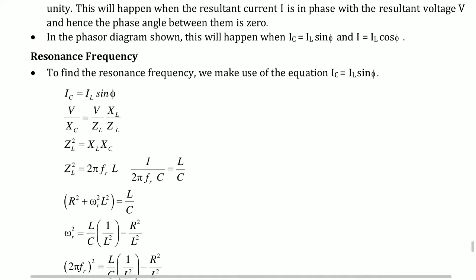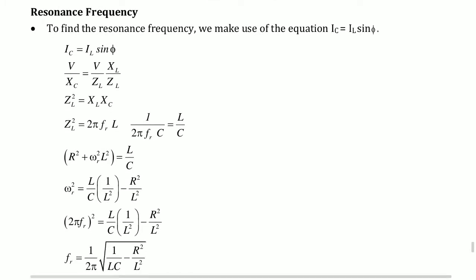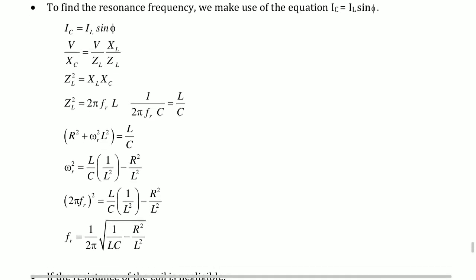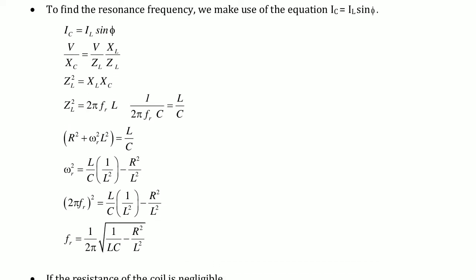Observe this: V by XC is equal to V by ZL times XL by ZL. ZL is multiplied and V is cancelled. Here ZL square is equal to XL into XC.